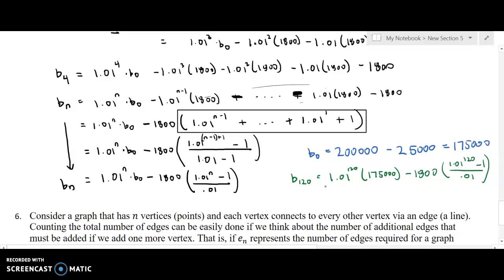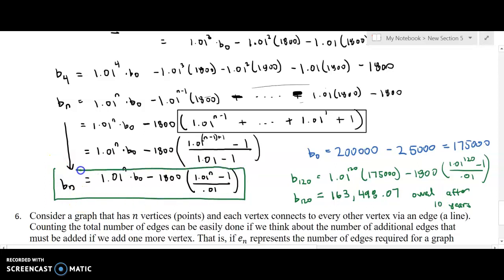And finally, plugging this into a calculator, we get B sub 120 comes out to be $163,498.07 owed after 10 years. You can kind of appreciate what this solution does. So this is our solution right here. This is our solution to the recurrence relation. And you can kind of appreciate how effective this method is because now we don't need to predict 120 months out.